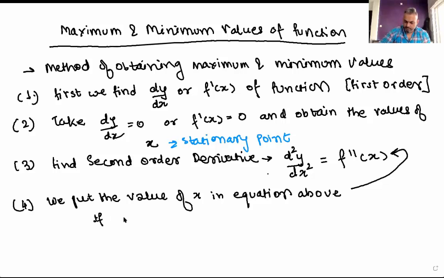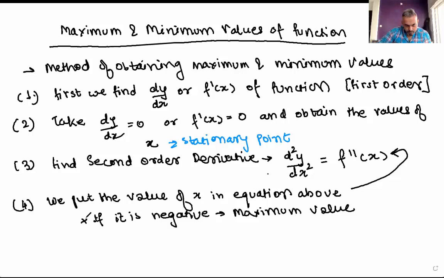If it is negative, it is maximum value. If it is positive, it gives minimum value.